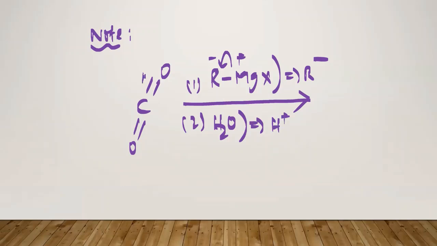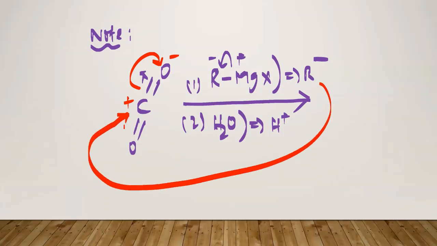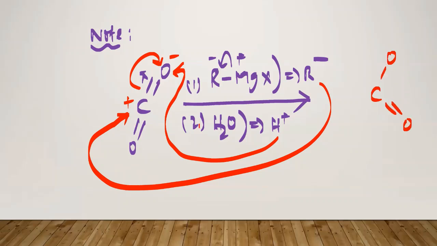Now let us shift any one pi bond. Let me shift this pi bond. This will get negative charge, this will get positive charge. So R minus will attack on this carbon, and H plus will attack here. So you will be getting C, single bond O, and double bond O. For this oxygen we write hydrogen here, and the R goes here.